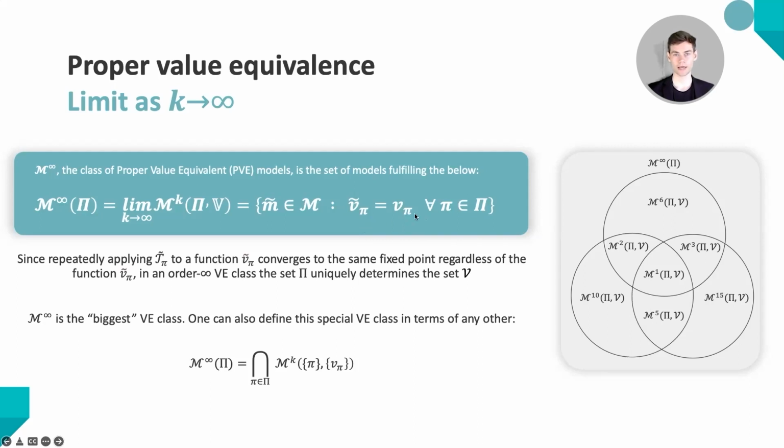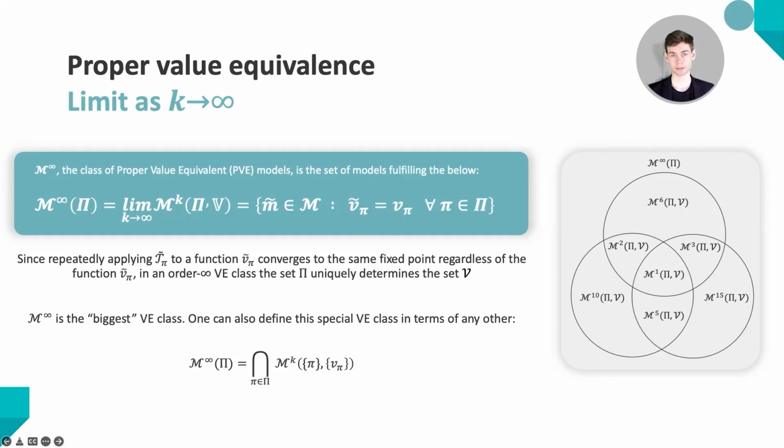And the reason why we don't have an infinite number of Bellman operators included in the definition here is that when we apply the Bellman operator to our value function an infinite number of times, that converges, and we discussed this before, to the value function given policy pi. That is a property of the Bellman operator, and therefore we don't need to write out the actual usage of this Bellman operator in the definition here.